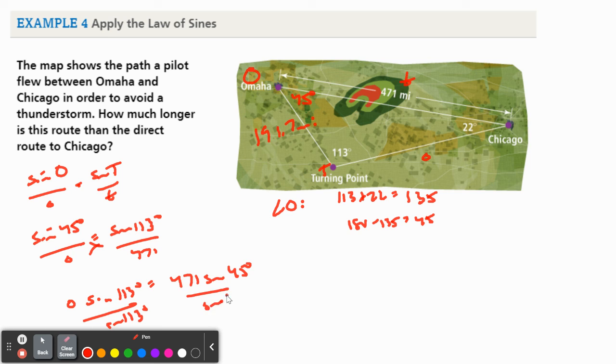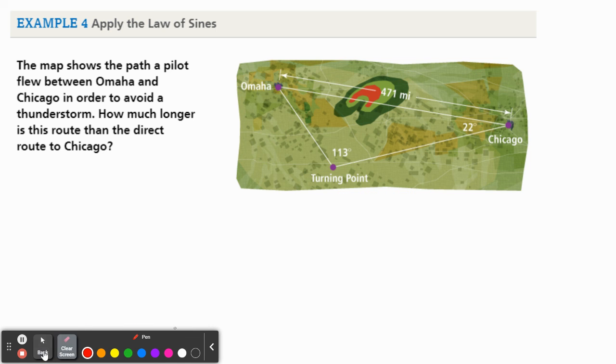Divide by the sine of 113. And again, all you have to change is that it was a 22, now it's a 45. 471 sine of 45 over sine of 113.